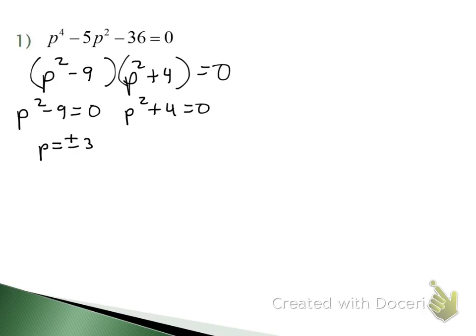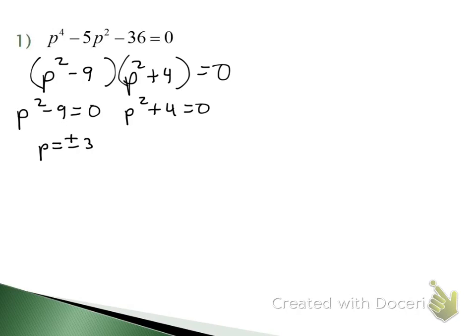Look, I bet we can do this in our head too. If I have p squared plus 4, George, what's p? I saw your hand go up. Were you just stretching? Okay, that's fine. Still answer the question. So if I have p squared plus 4 equals 0, what would p equal? If you got to do it in your head, do it.